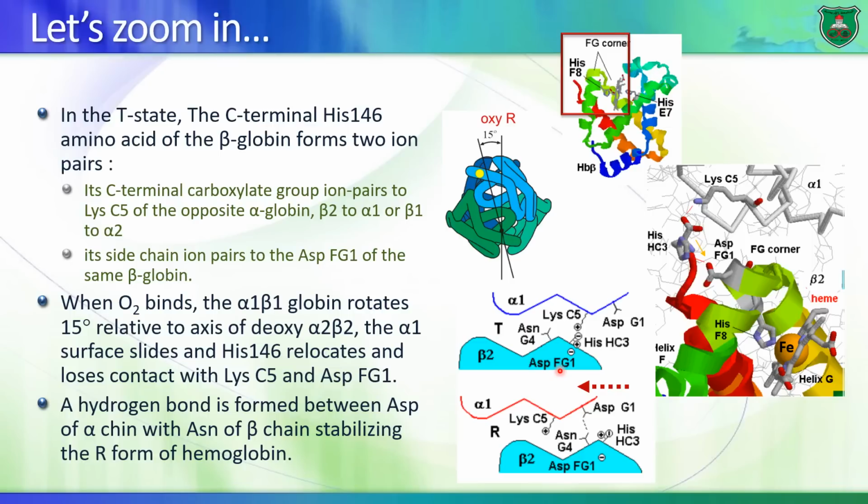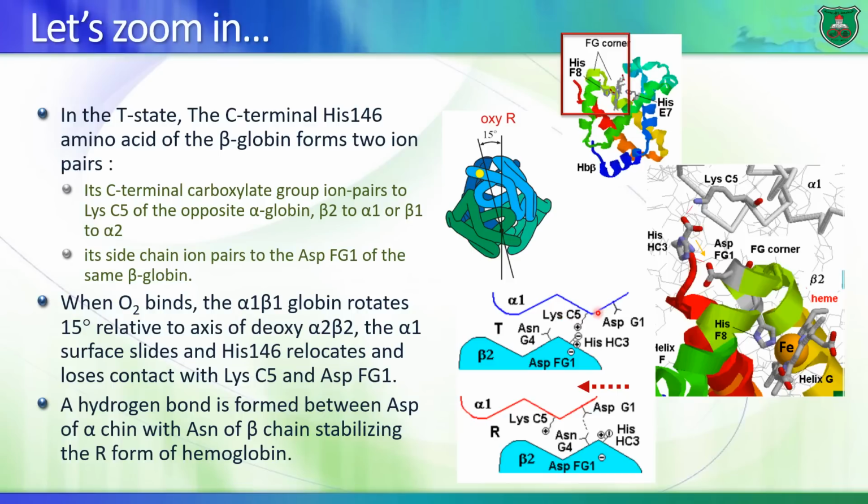And the carboxyl group of histidine, since it's the last one in the polypeptide, has negative charges that can form electrostatic interactions with a lysine on an alpha chain. So there are two interactions this histidine can form, one with an aspartate and the other with a lysine on the other chain.